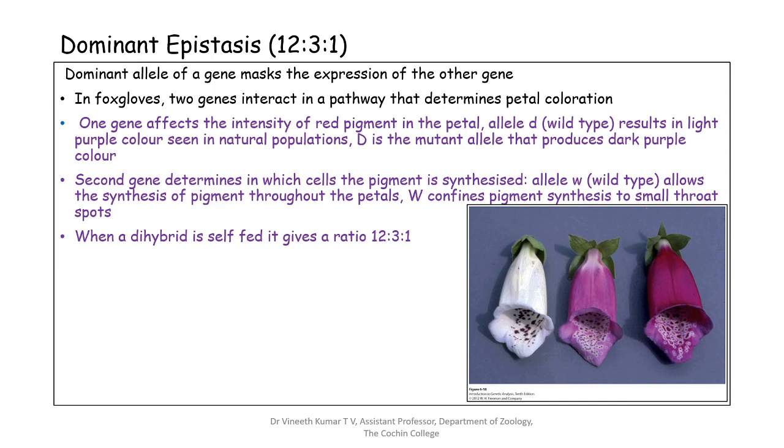There is a possibility that we always tend to use a dominant representation for a wild type allele, but the wild type allele may not always be the dominant allele of that particular gene.